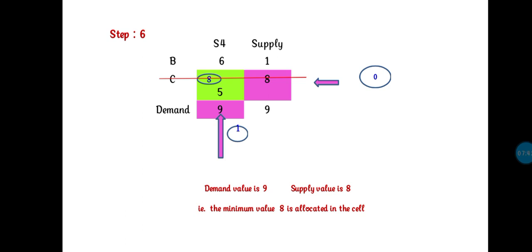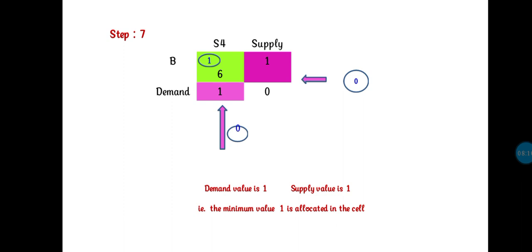So we allocate 8 in the cell CS4. After allocating this value, we subtract from demand and supply. Now the balance value of the demand is 1 and the remaining balance of the supply is 0. Where we get 0? The row C, the supply value is 0.